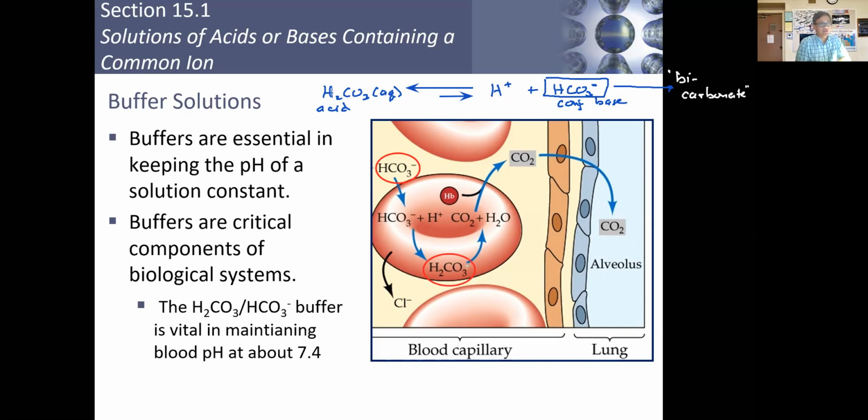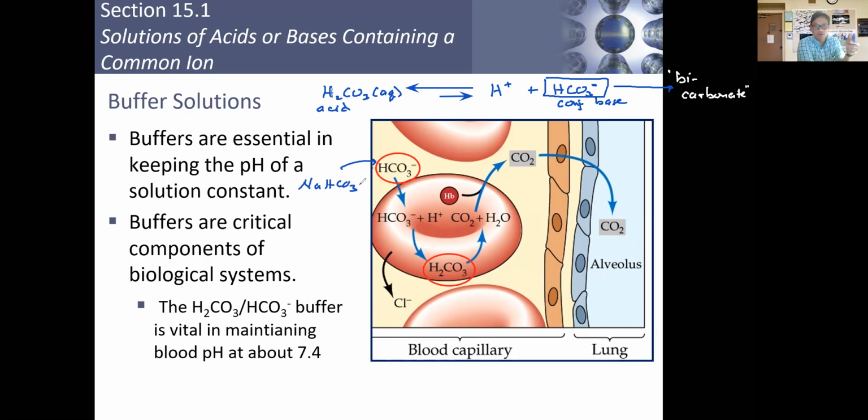The body introduces the bicarbonate in the form of an ionic compound, a salt, and we talked about salts at the end of chapter 14. We can introduce the bicarbonate ion in the form of, say, sodium bicarbonate. Now, I'm not a physiologist and I'm not familiar with exactly how the body does this.